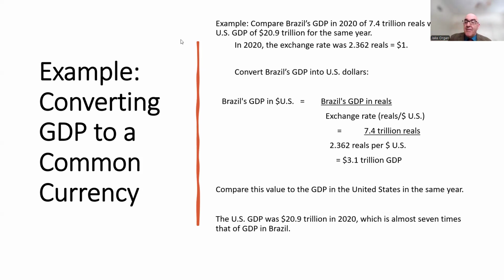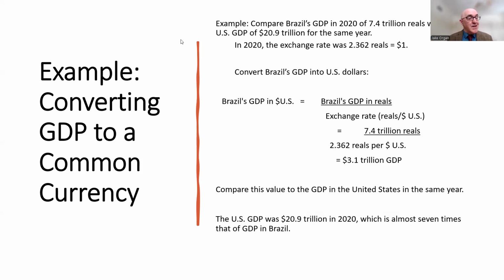So we put 7.4 over 2.362, because it's over $1, which cancels out. So it's just a matter of 7.4 trillion being divided by 2.362, which means that Brazil had a GDP of 3.1 trillion American dollars, which is a big GDP.